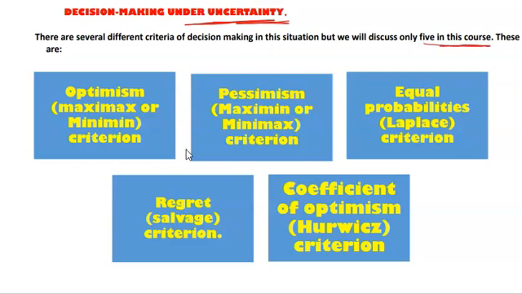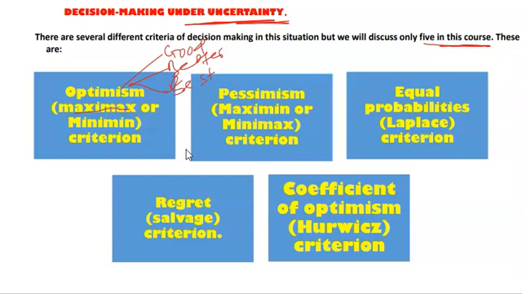The first one is the optimism criterion. It is also called maximax. You want to get the maximum of the maximum, or you want to get the minimum of the minimum. For instance, where we have 3 situations: good, better, and best.